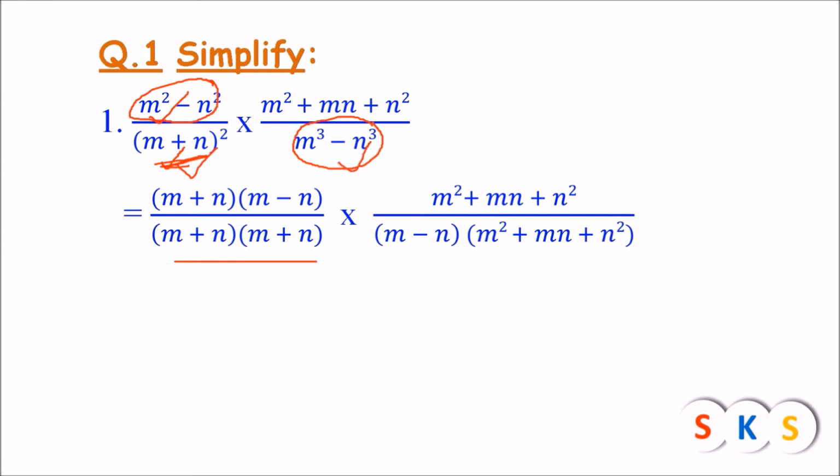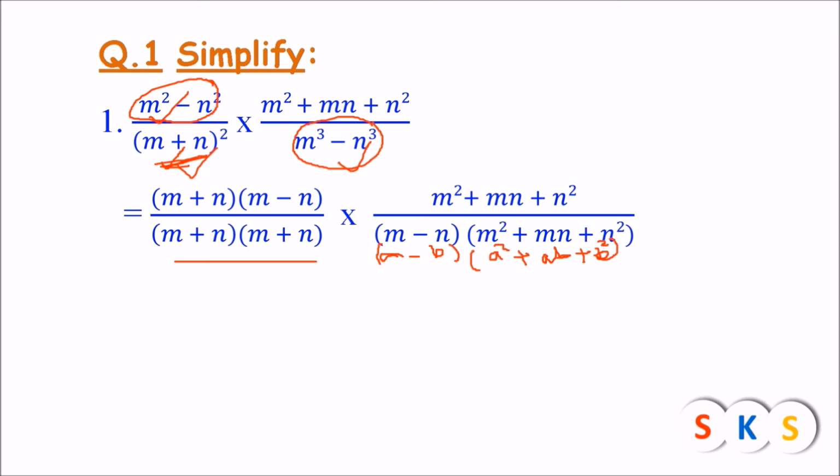The formula is a minus b, that is m minus n, then we have a square, plus ab plus b square. So I have used this formula to expand m cube minus n cube. Now look at over here what we will get afterward.